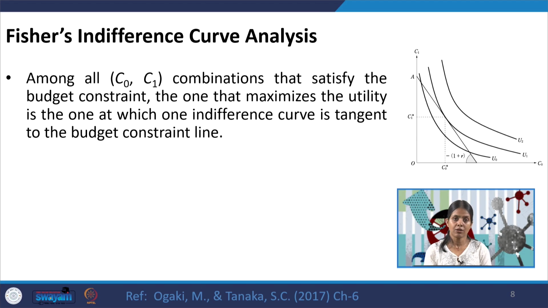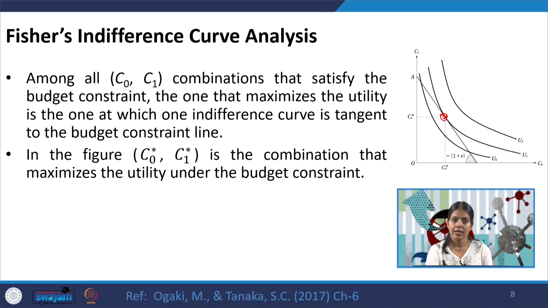Among all C0, C1 combinations that satisfy the budget constraint, the one that maximizes the utility is the one at which one indifference curve is tangent to the budget constraint. This is the optimal combination of consumption. In the figure, C0 star and C1 star is the combination that maximizes the utility under the budget constraint.